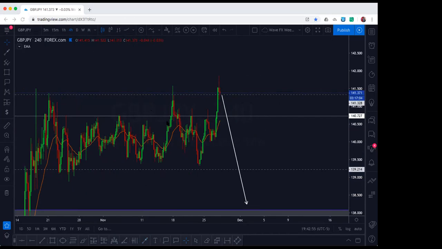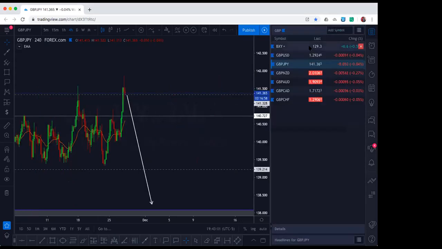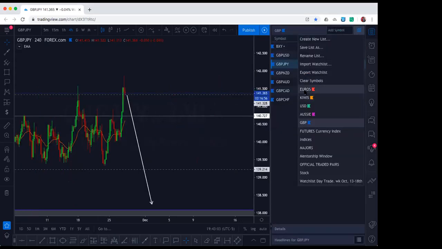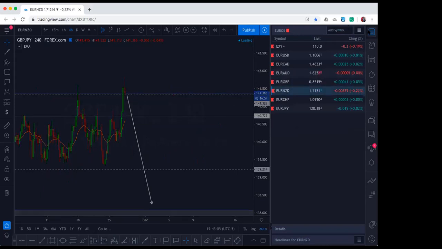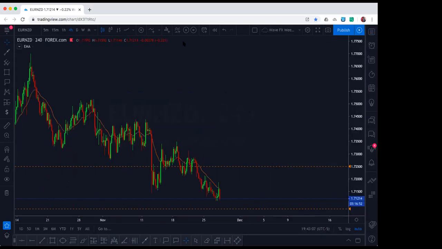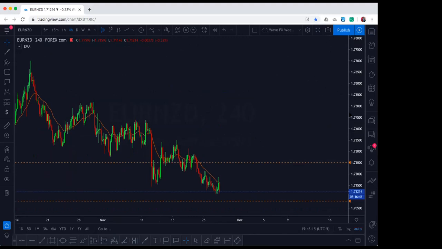Rich one says Euro NZD, and then Chrissy CAD JPY. So I look at Euro NZD first. Euro NZD is long.